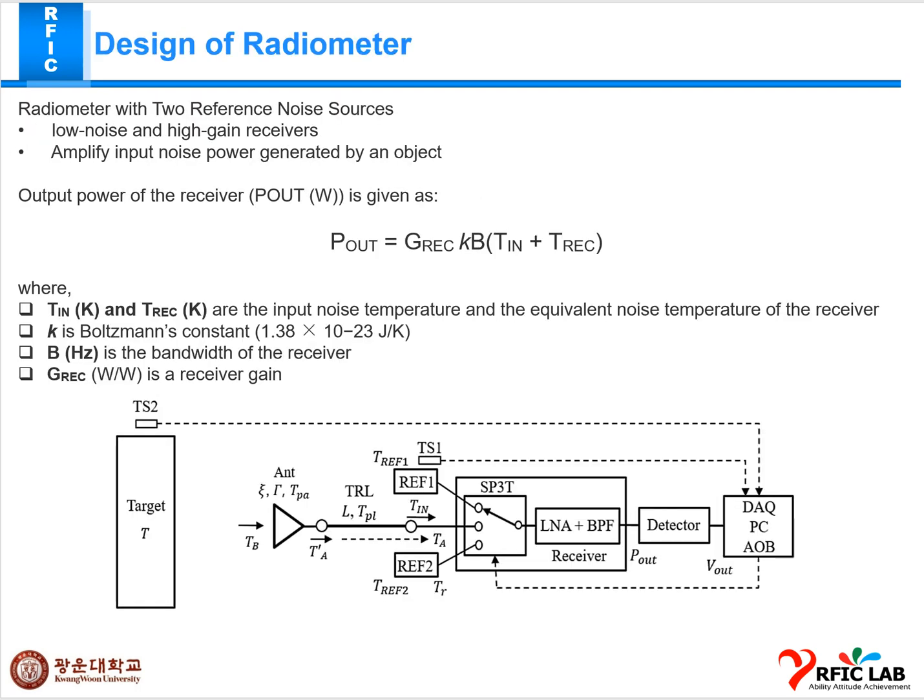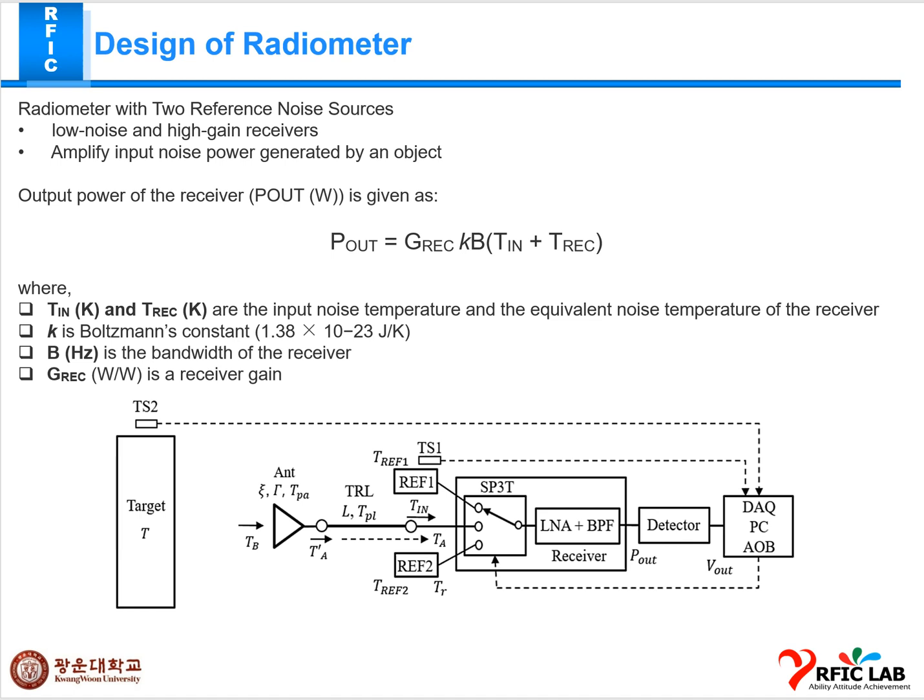Next, this is the design of the radiometer. Two reference noise sources, and a low noise, high gain receiver amplify the input noise power generated by an object, and the output of the receiver P out is G receiver times K times B times the sum of T in and T receiver, where T in is the input noise source temperature and T receiver is the equivalent noise temperature of the receiver.